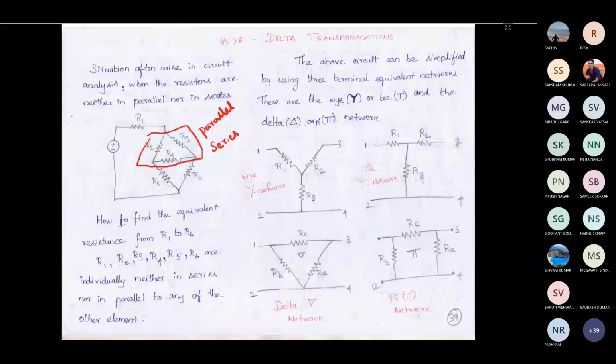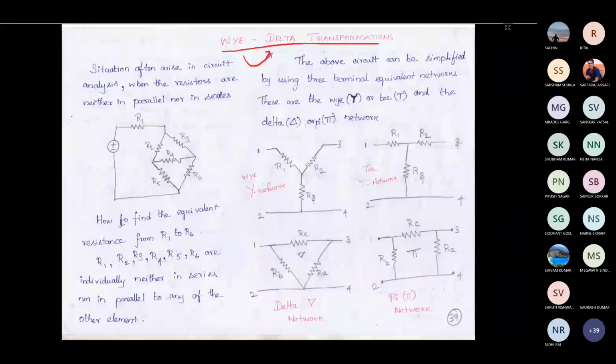So for these kinds of circuits, we need to know about delta-star transformation. If the circuit is in star and you are not able to solve it, you need to convert it to delta. If the circuit is in delta and it is not possible for you to solve it, then you should convert it to star.